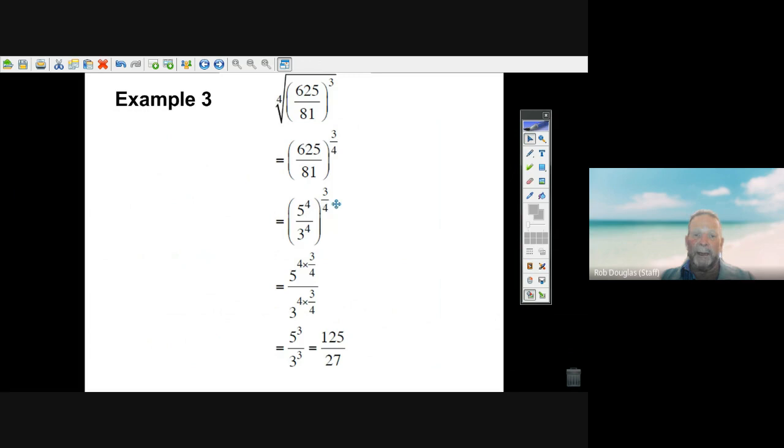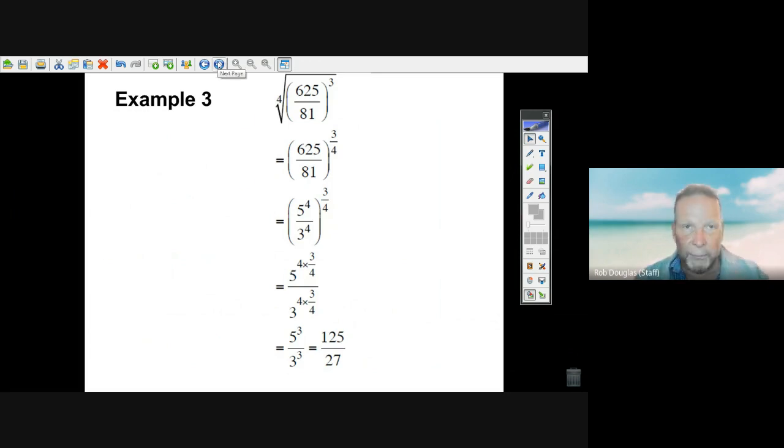So it's really 5 to the 4th and 3 to the 4th, all to the 3 over 4 power. Well, we take this 4, we multiply it by 3 over 4. The 4's cancel, and you just get 5 cubed. Same thing happens on the bottom, 3 to the 4th, to the 3 over 4 power, the 4's cancel, you get 3 cubed. And 5 cubed is 125, 3 cubed is 27.